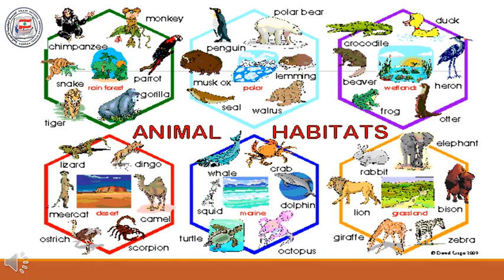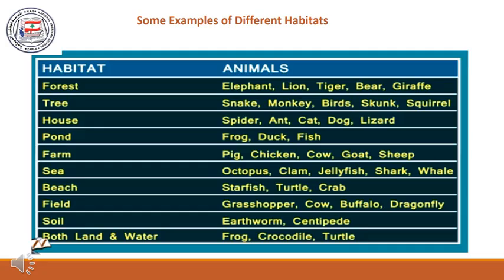In marine habitats, so in the oceans, you can find the whales, crabs, dolphins, and many other sea animals. And in grasslands, we can find elephants, bison, zebra, giraffe, lion, rabbit, and many other animals. So this picture shows you how each animal lives in a different ecosystem, in a different place, according to its needs.